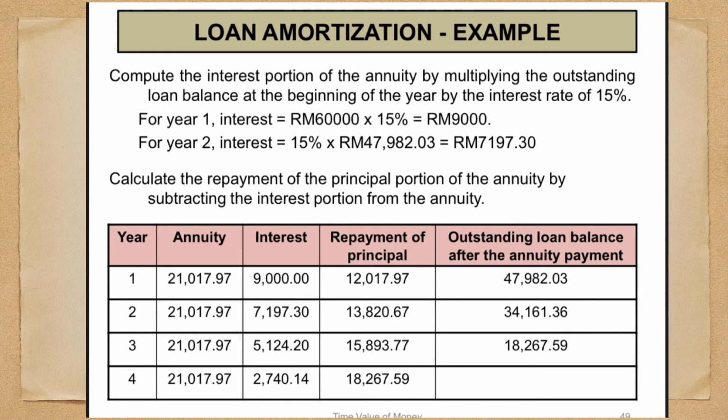You just continue doing the same steps until the last repayment, in year 4. When you have completed the final repayment, you will get a figure of 0 for the outstanding loan balance after the annuity payment. It becomes 0, meaning everything is already settled.